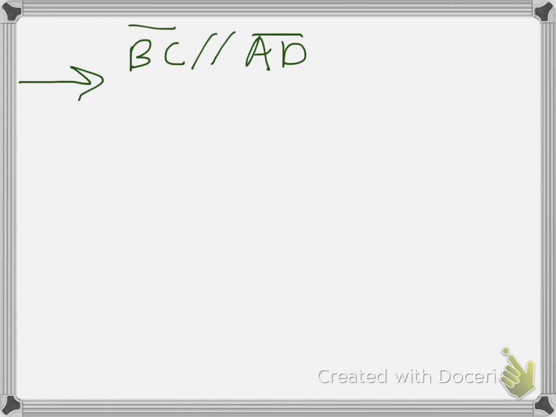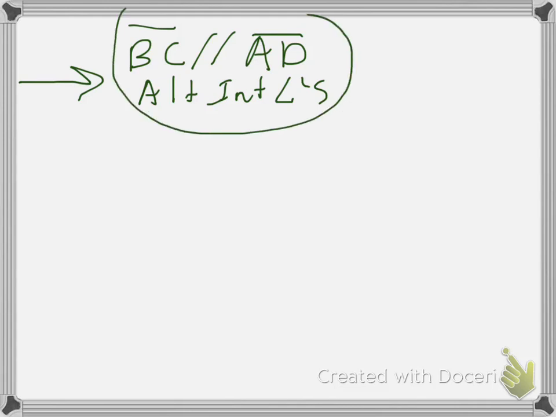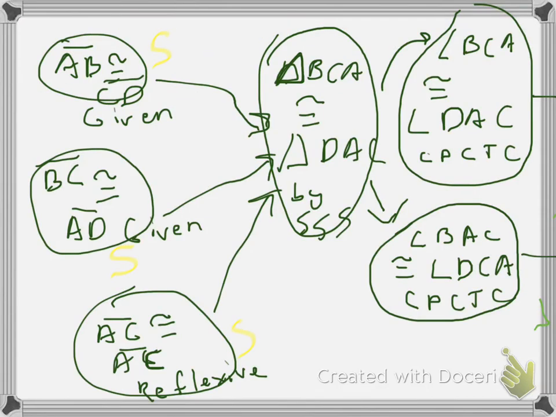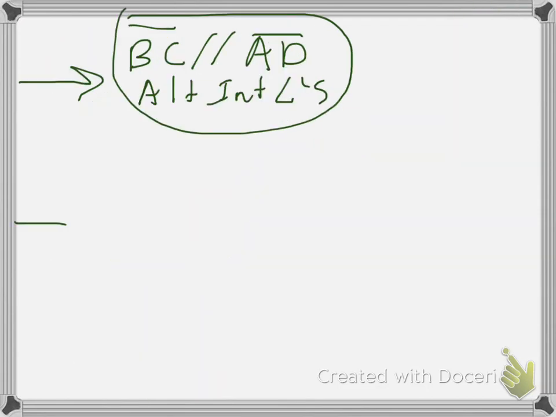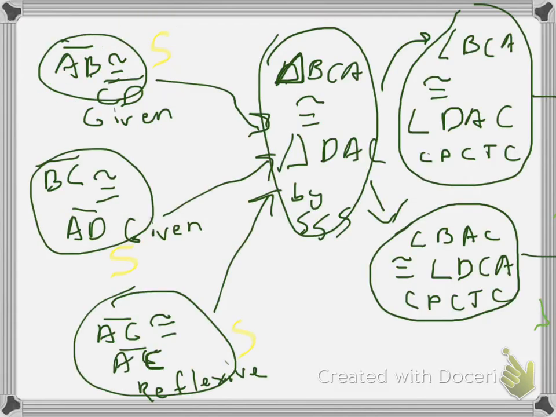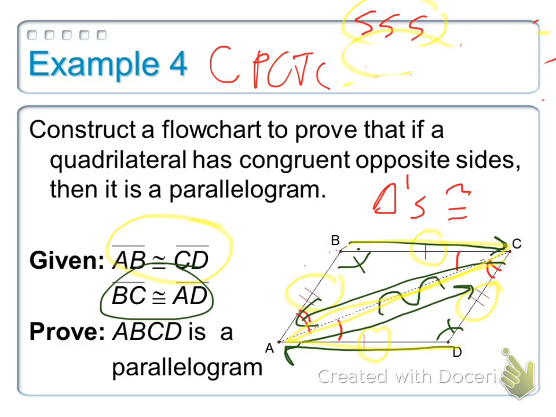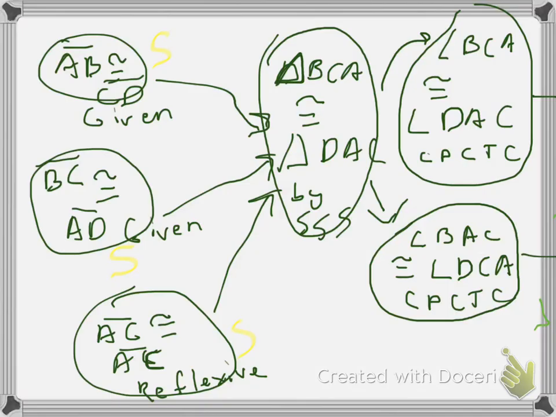BC is parallel to AD by, those are alternate interior angles. Okay, and then if I go back a screen, we got a similar thing for the other thing. So if I go back to, we've got AB and CD.